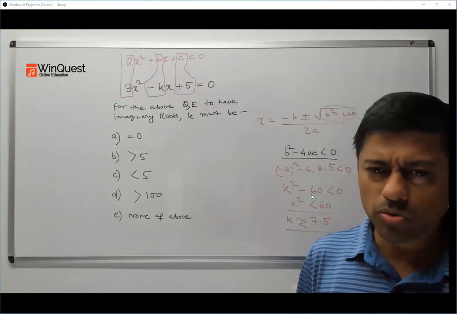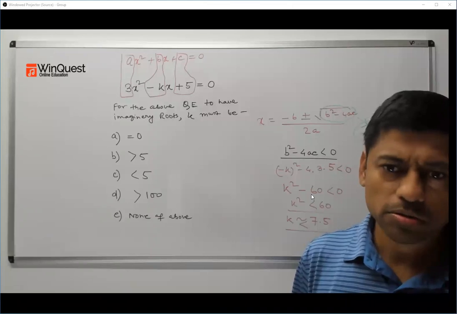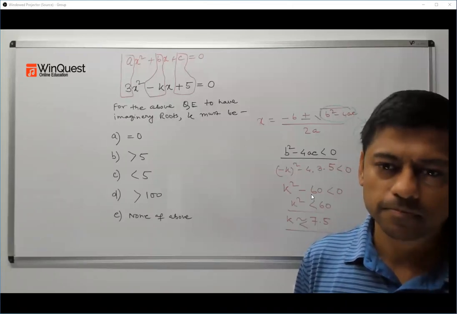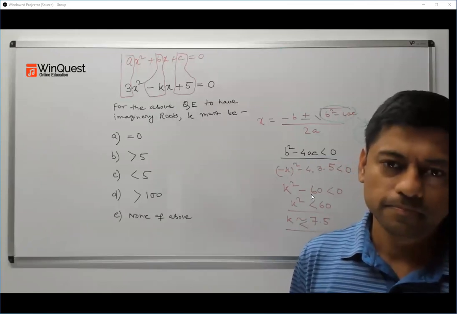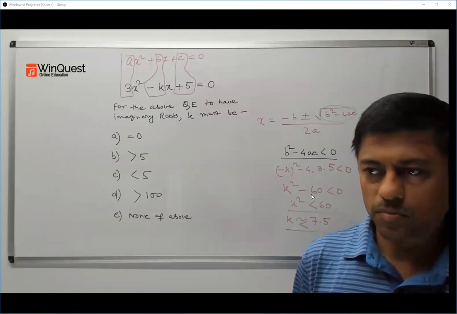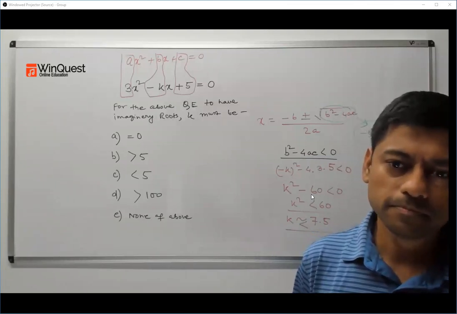Why will I get imaginary roots? Because 0 squared is 0, and that's less than 60, so you get the square root of minus 60, which you have to use i to solve. I would also like to say why C is wrong.